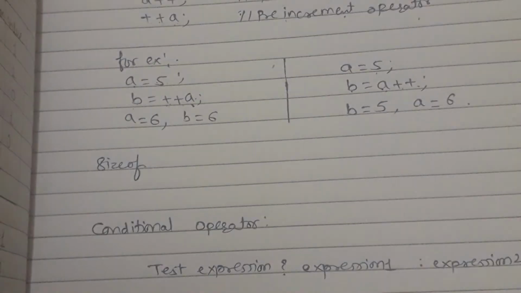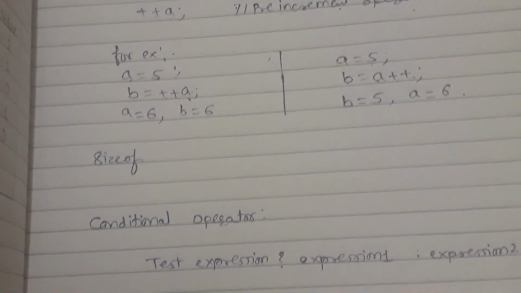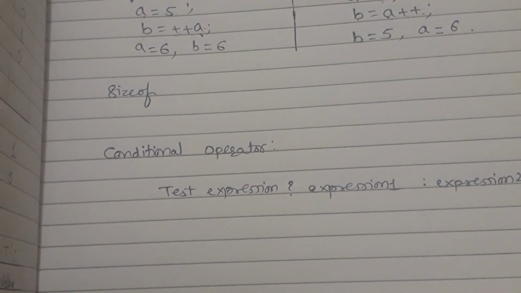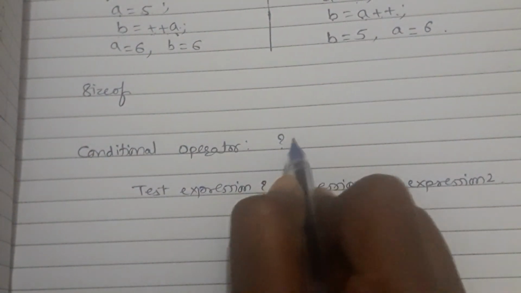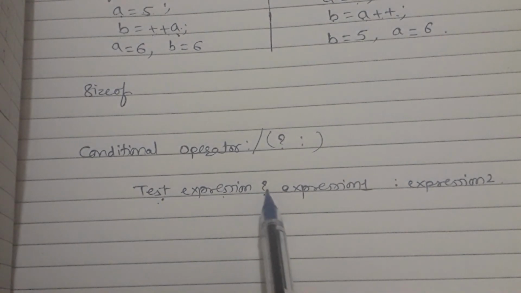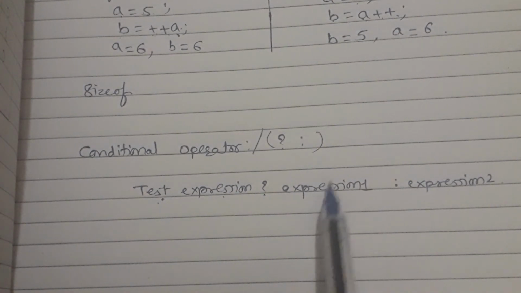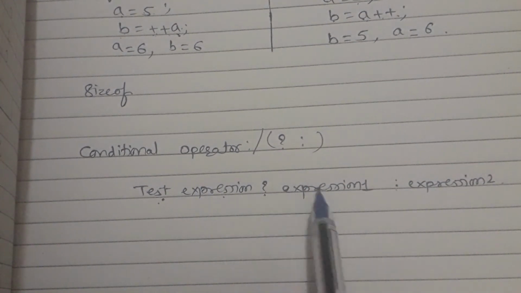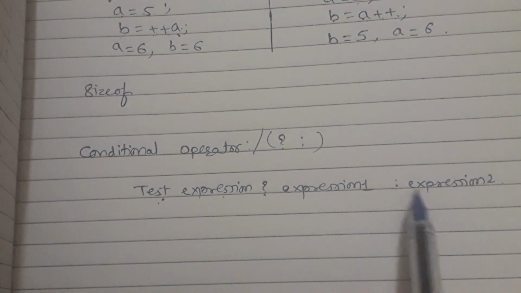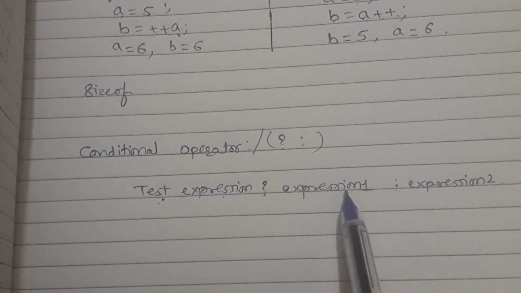Now the next operator is the conditional operator, which we also call the question mark and colon operator. The syntax is: test expression question mark expression 1 colon expression 2. Here the test expression is a boolean expression. This question mark and this colon are the conditional operators.